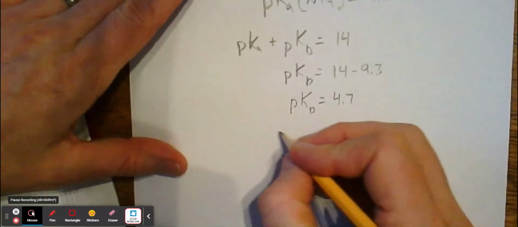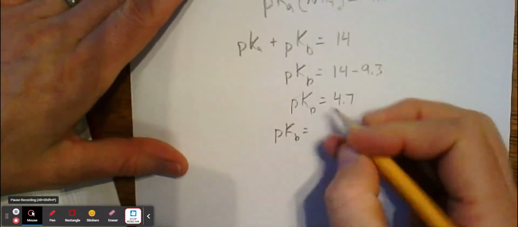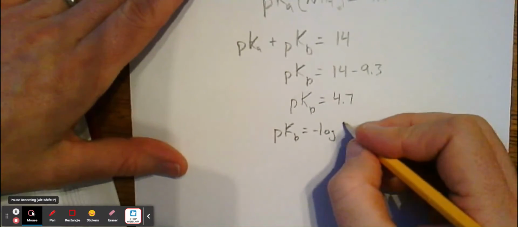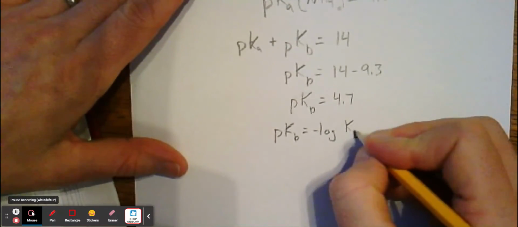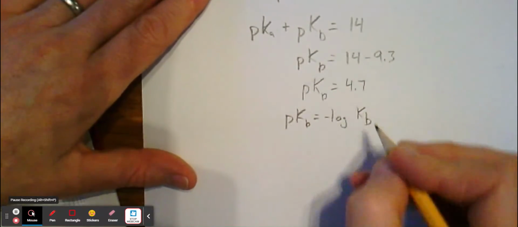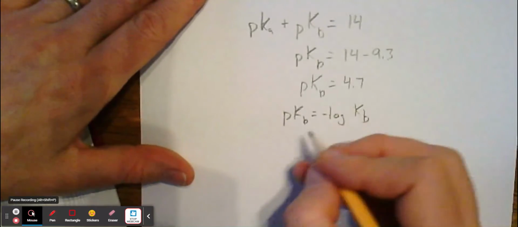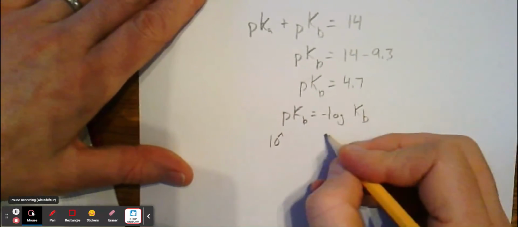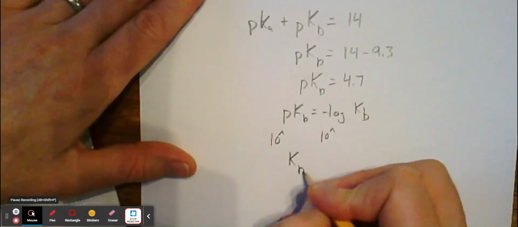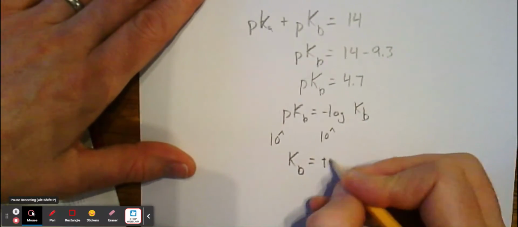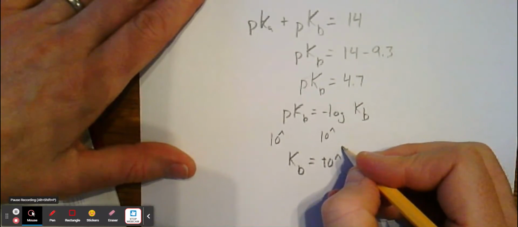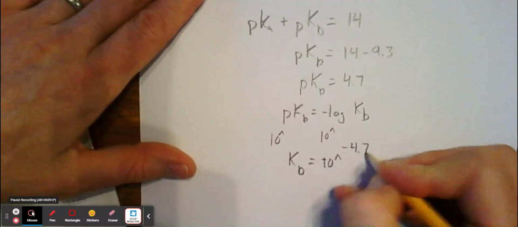Now, pKb is equal to the negative log of your Kb. So to get Kb, I take 10 raised to the negative 4.7.